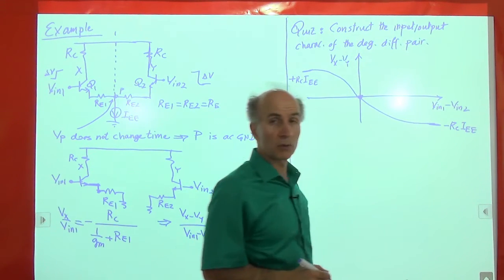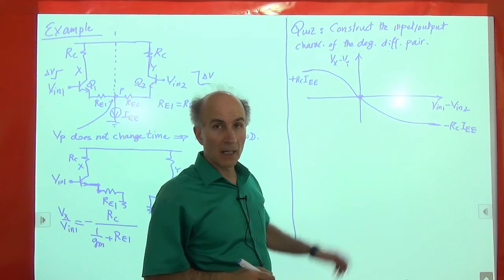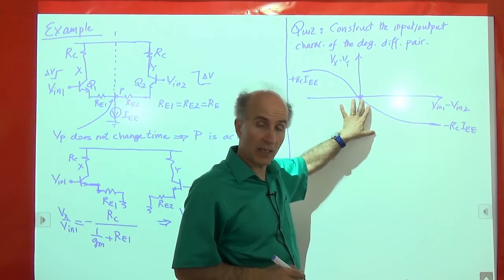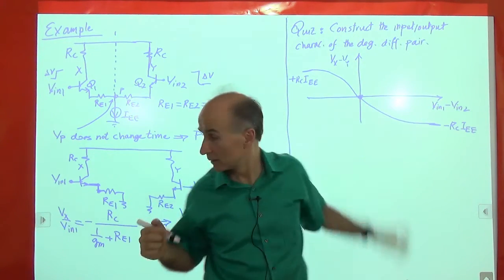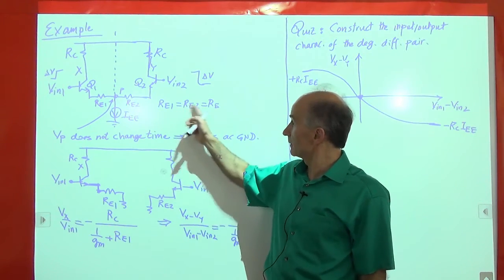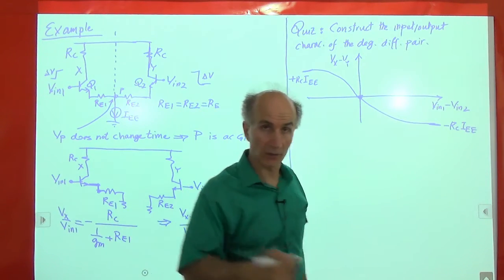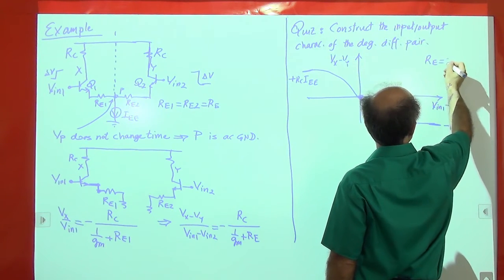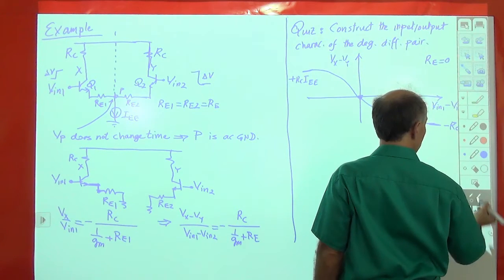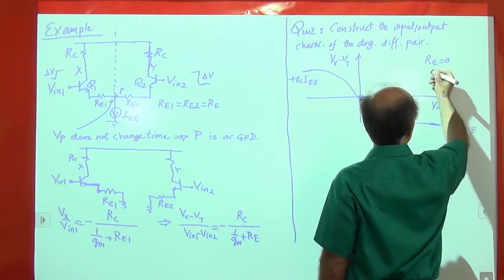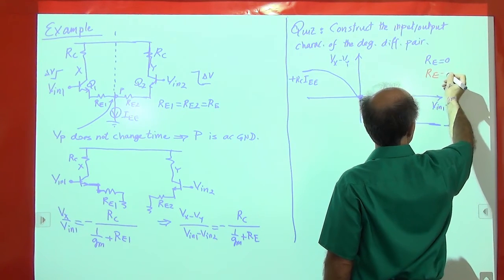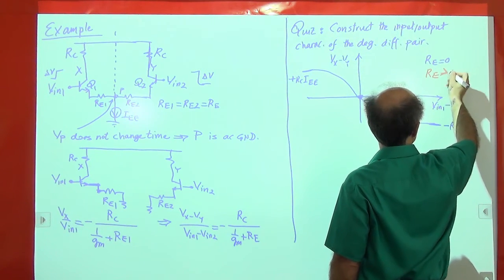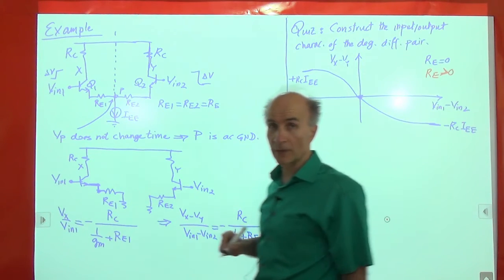The quiz that I want to pose to you is, how does this characteristic change if RE is 0 or not 0? Consider two cases: RE equals 0, which we had before, and RE greater than 0. I'll give you 1 minute to think about that.